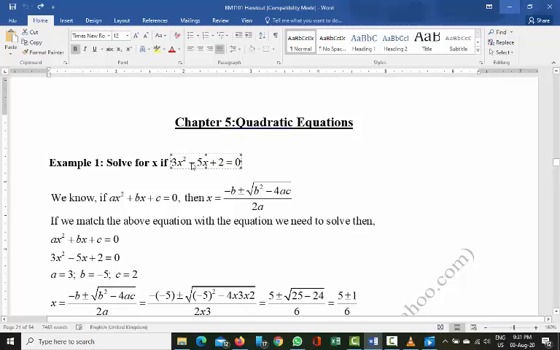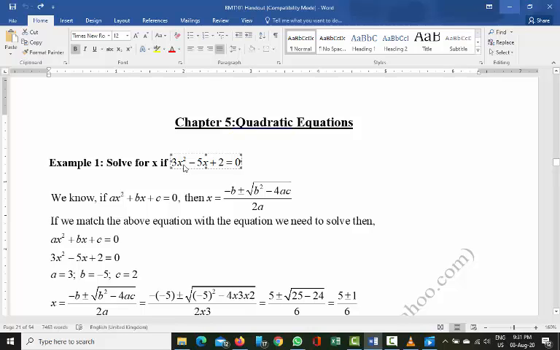Why second degree? Because the highest power of the variable is 2. Here the variable is x, and the highest power of the variable is 2. So that's why we can also call it a second degree equation.